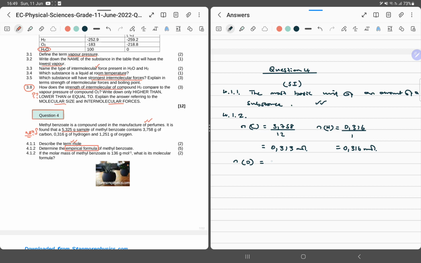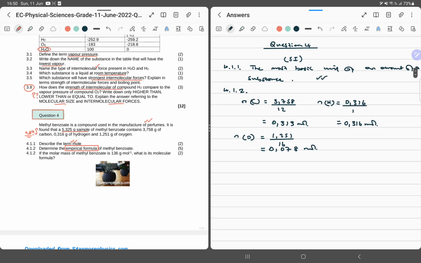It's going to be the mass of oxygen, which is 1.251, divided by the molar mass of oxygen, which is 16. And the answer is 0.078 mole. So which one is the smallest?